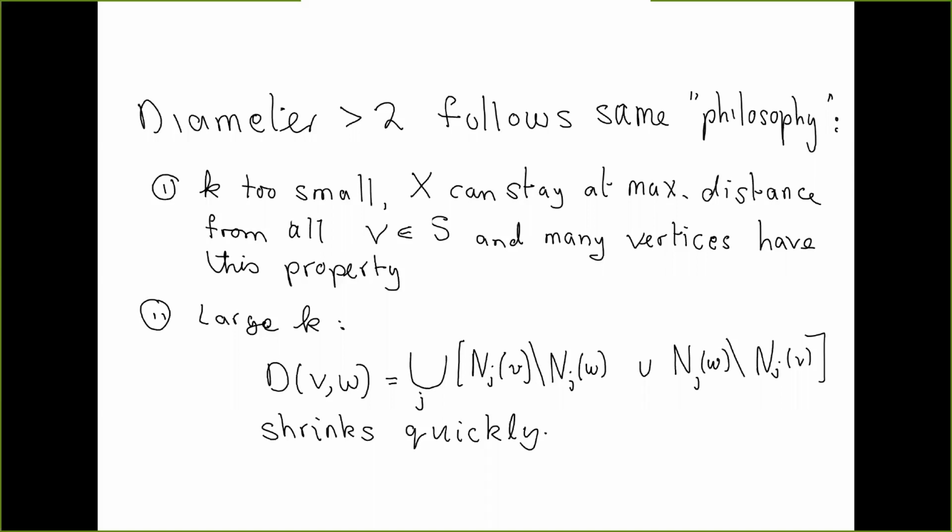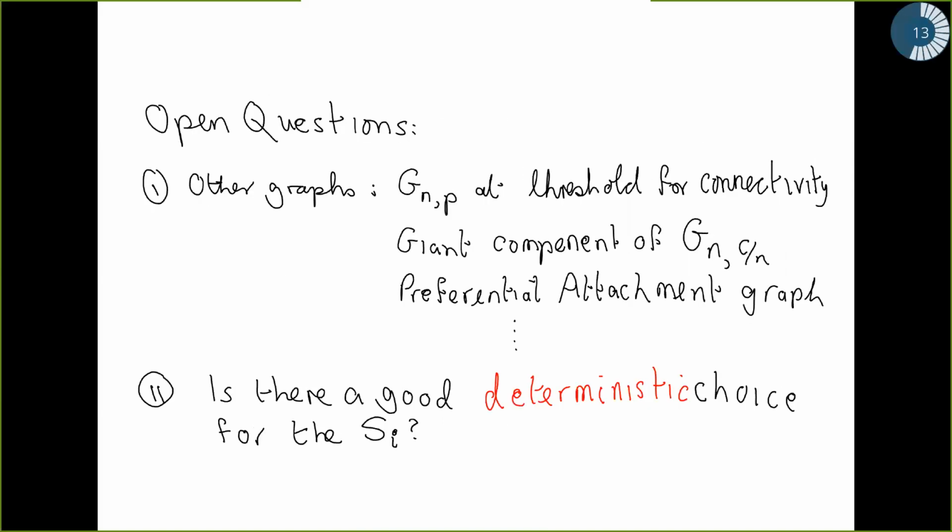So let me just give some questions that I thought of, just to round it off. Obviously, Pavel may know, he worked on this, but I haven't. So for other graphs, I don't know whether we know G(n,p); it's certainly not in the paper we published. What's G(n,p) at the threshold for connectivity?